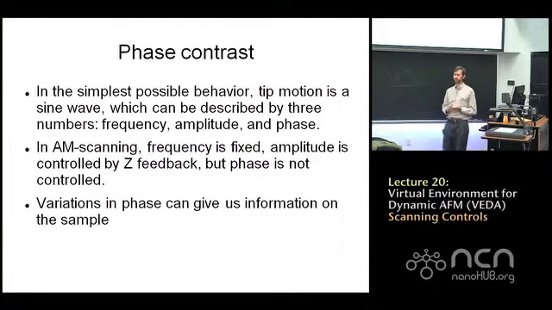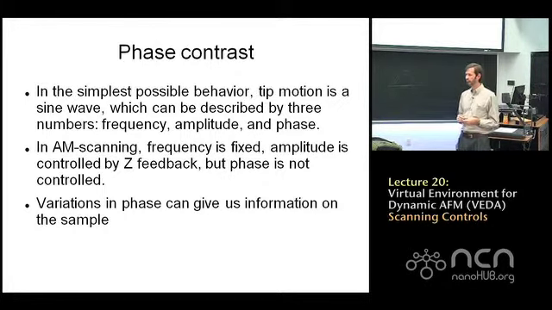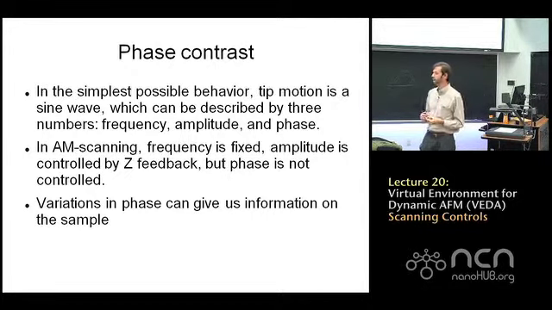Now, we've talked about the phase being different. We'll talk about phase contrast. So the simplest possible dynamic AFM is the tip motion as a sine wave. And there's 3 numbers you need to describe a sine wave. You need to talk about the frequency, talk about the amplitude, and talk about the phase. In amplitude modulated scanning, the frequency never changes.